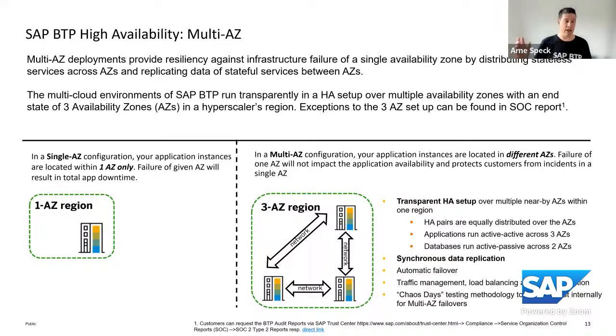Before the infrastructure providers even started to offer those multi-availability zone setups of the regions, we decided for all our services to go that path. Nevertheless, there are very few services left that are still running in a 1AZ region setup. And so now, where do you find the information on that?